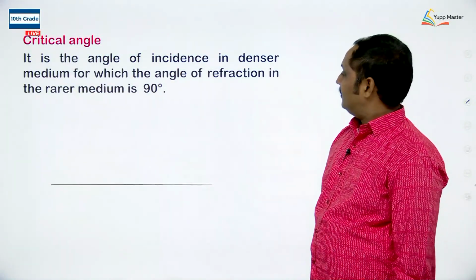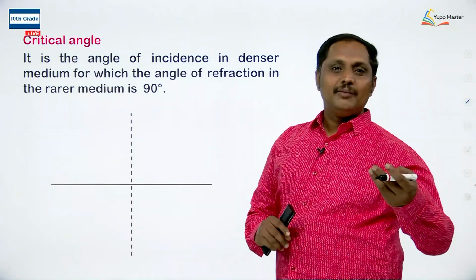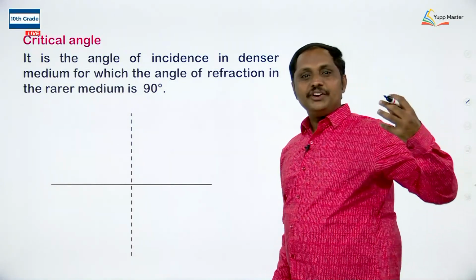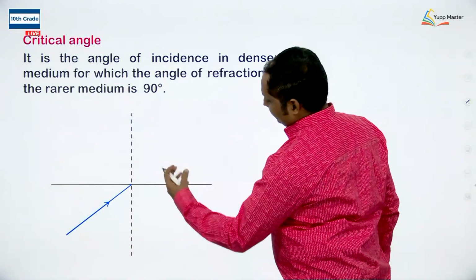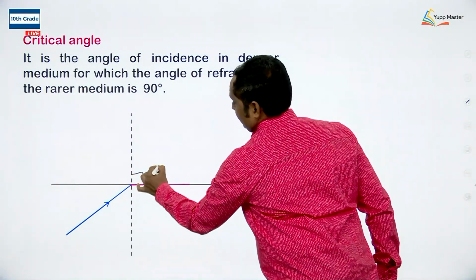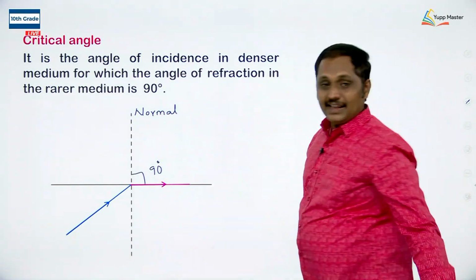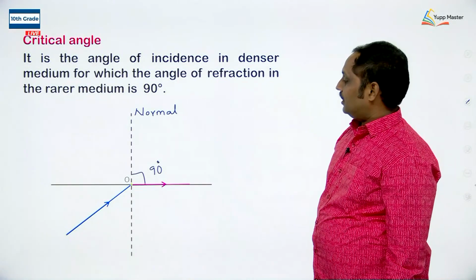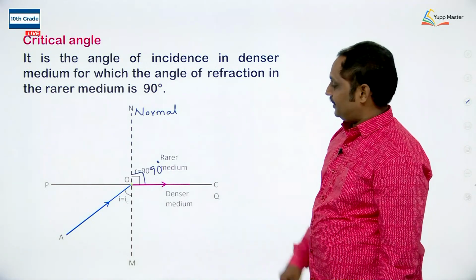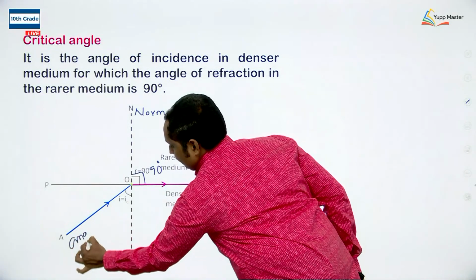Critical angle. So, we are about to know that whenever light enters from denser to rarer, if you incident the angle, the angle of refraction becomes 90 degrees with respect to normal. That is the critical angle. This is the case we have to confirm. Rarer medium and denser medium, I is equal to IC. This is the angle of incidence.